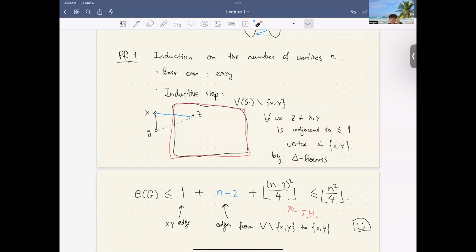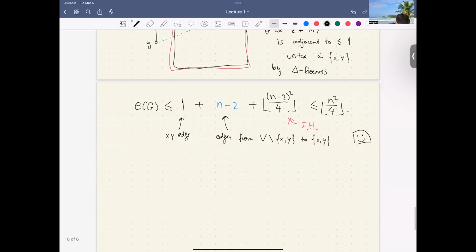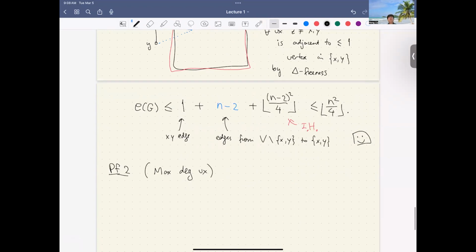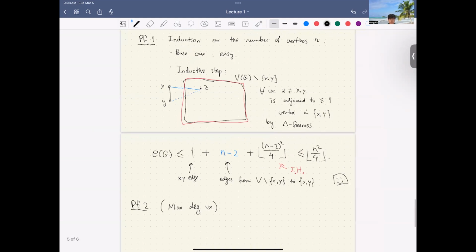Let's look at a different proof. The first proof is quite combinatorial. The second proof is also quite combinatorial, another combinatorial proof. This proof is by taking a max degree vertex, without using induction. So without using induction, how can we prove it?